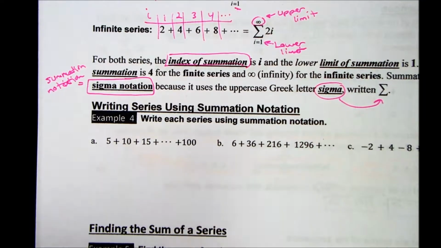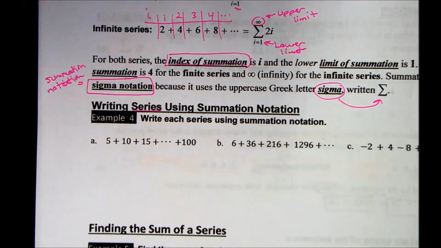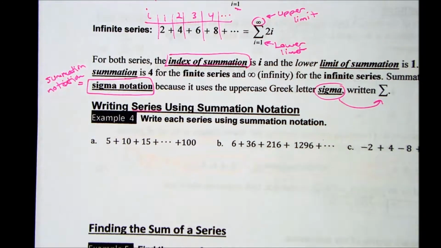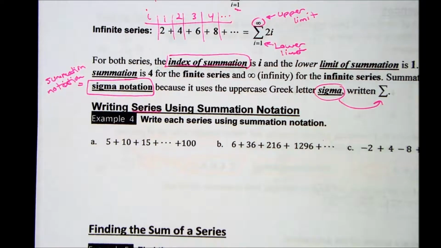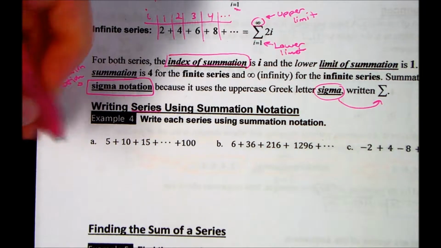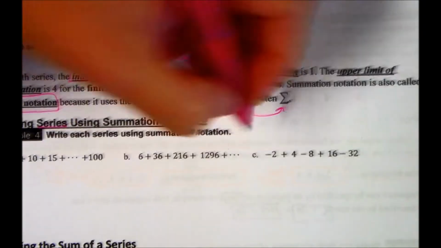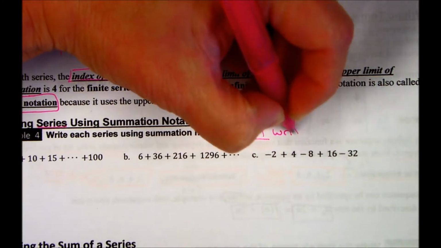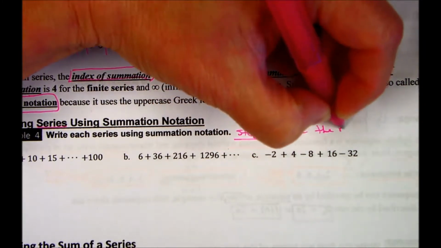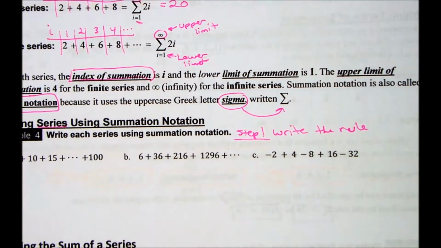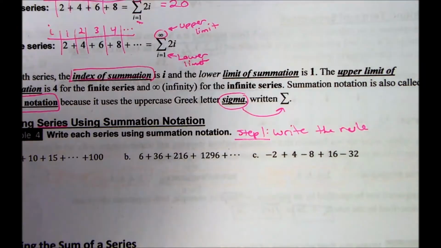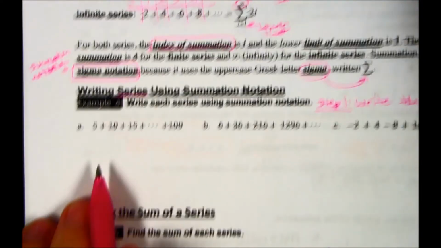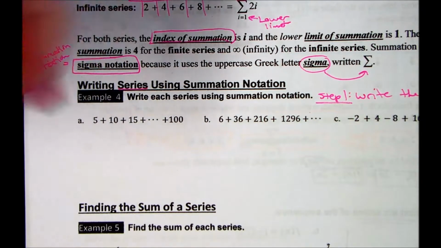We're writing our series. The next thing we need to do, write the series. In order to write the series, step 1, write the rule. So we need to figure out where we are getting these numbers from.